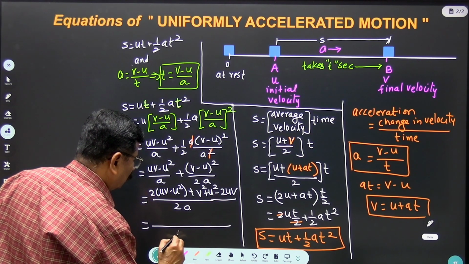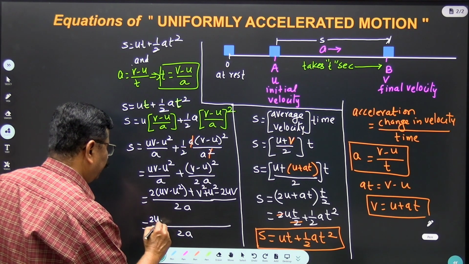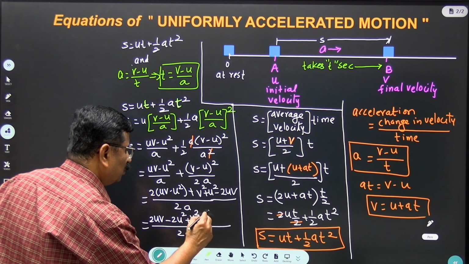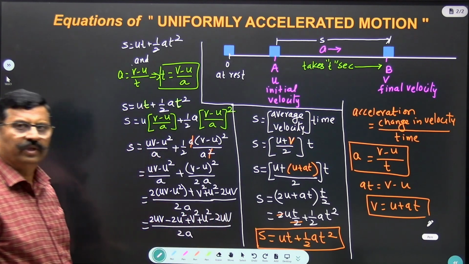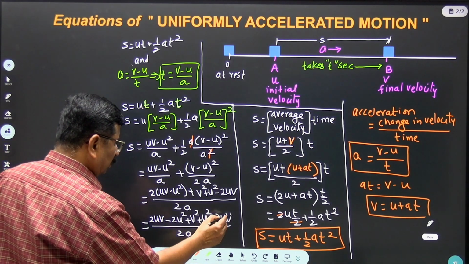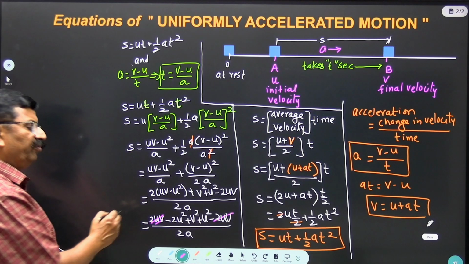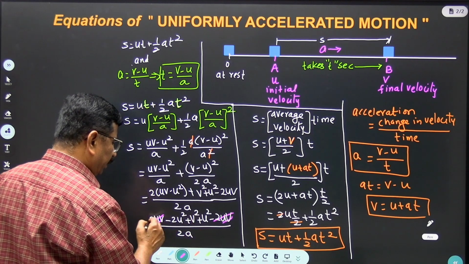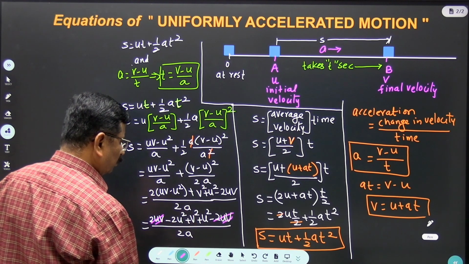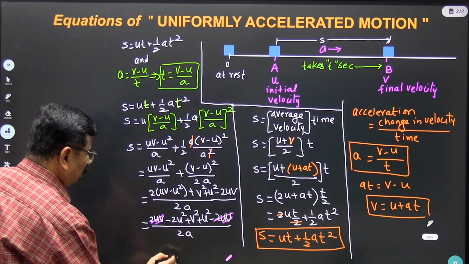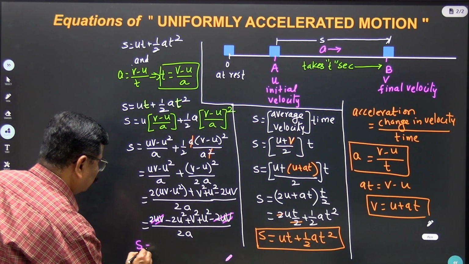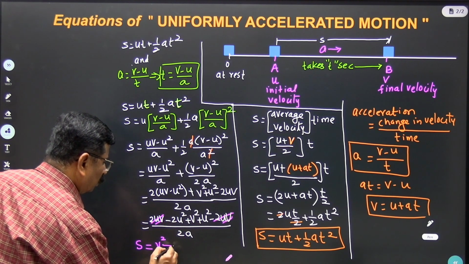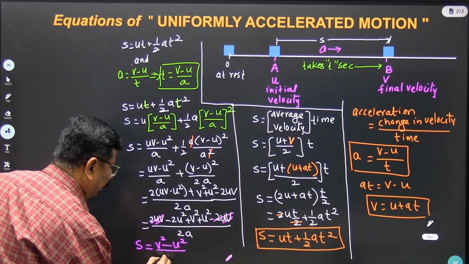So this will be now 2a, 2uv minus 2u square plus v square plus u square minus 2uv. Now see this 2uv and this 2uv will cancel because signs are different. Now this will be v square, and then minus 2u square plus u square will be minus u square.